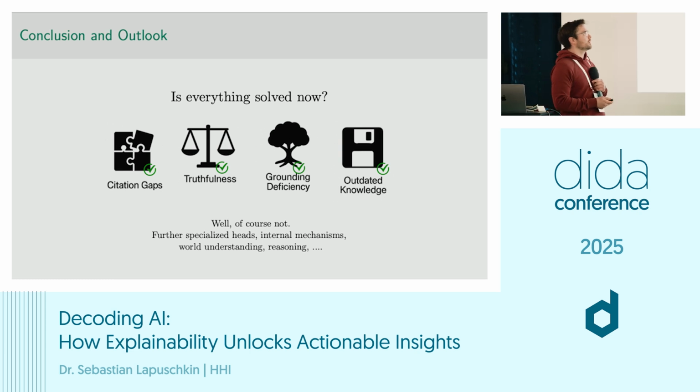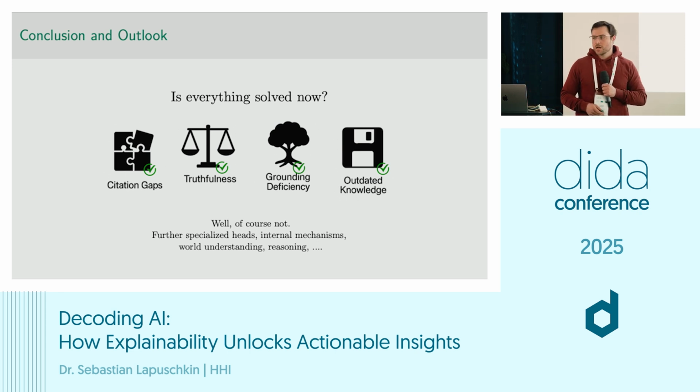So the question now is, did we solve LLM inference? Did we make it safe? Some things definitely are moving in the right direction. The outdated knowledge part is something we cannot really cover there because this is something the RAG and ICL systems have to work on. But of course, work is never done because on the horizon we are already trying to find different kinds of specialized heads.